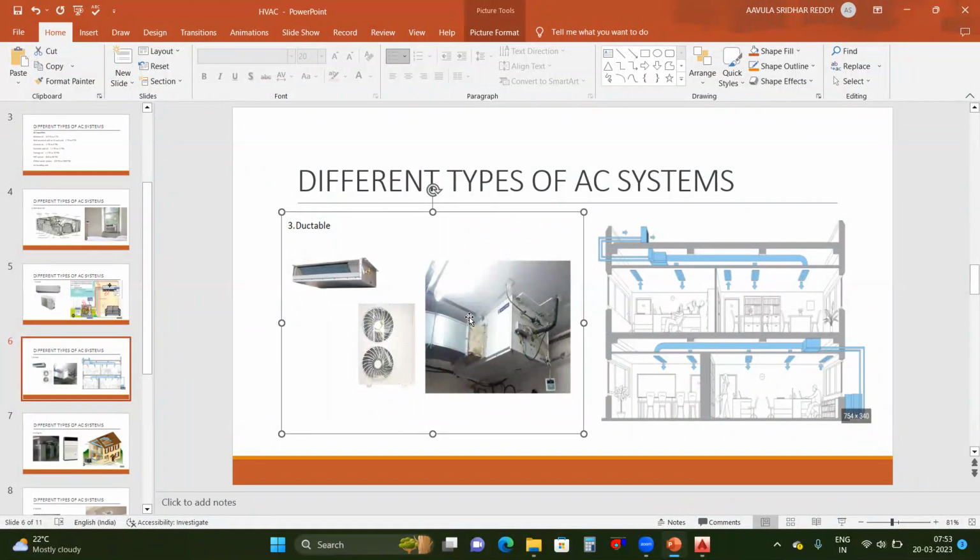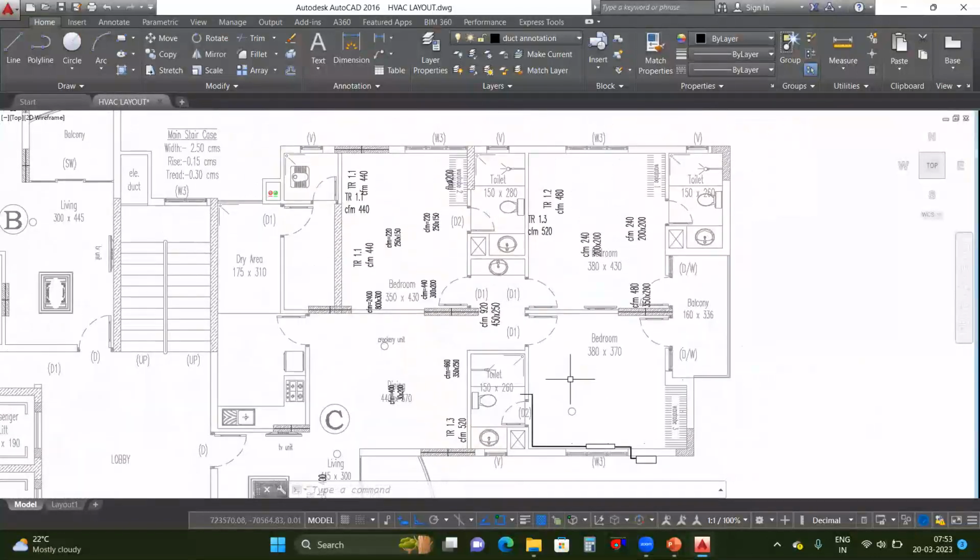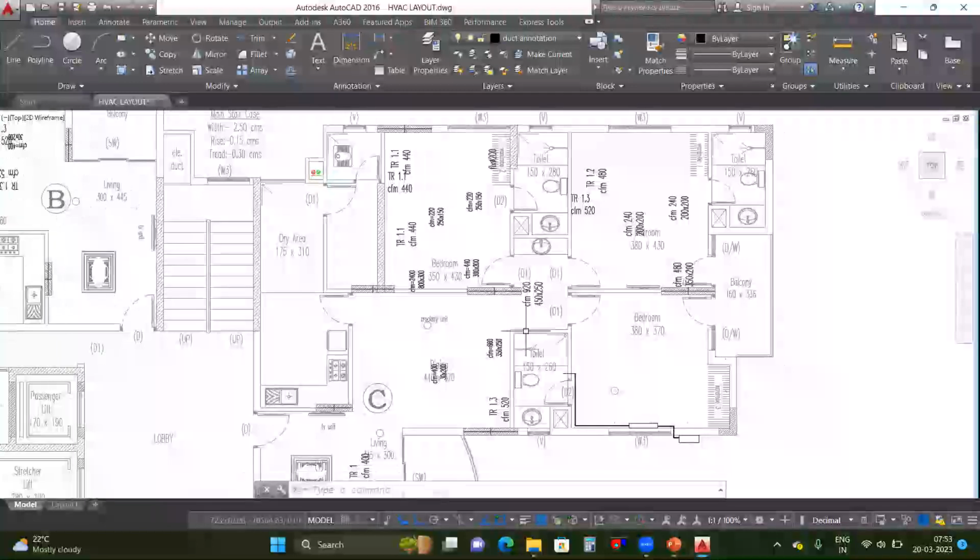So if you are designing for 4 rooms, 3 rooms, 5 rooms, you need to go with ductable units. So why? Because if you take single equipment for each and every room, that will be an additional cost. Okay. So for example, take this is one room, and this is one room, and this is one room. Okay. This is also one room. 4 rooms we have. Okay.